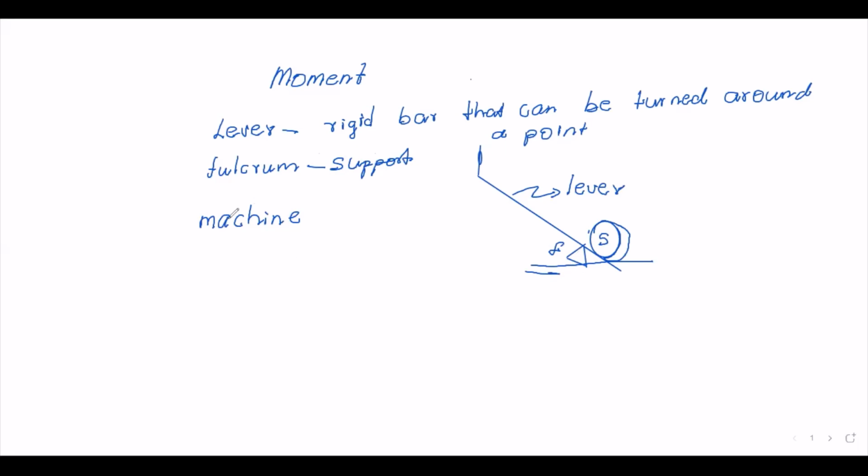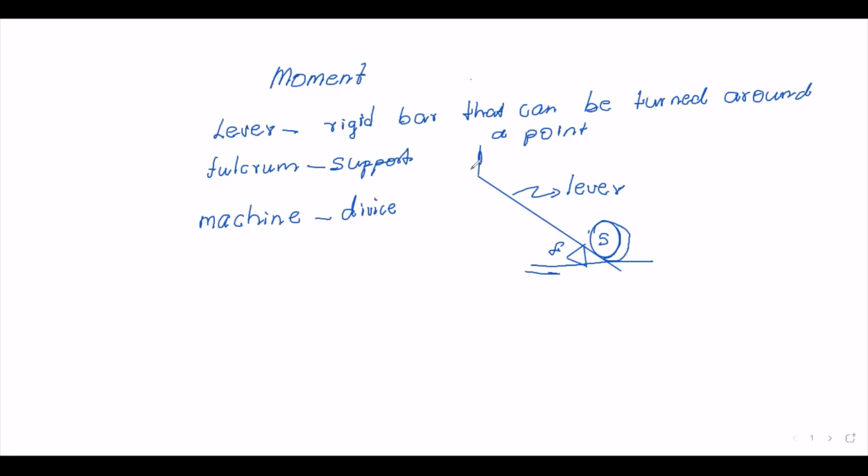So a machine is a device. A machine is a device which you can apply a force at a particular point to achieve a motion at the other point.